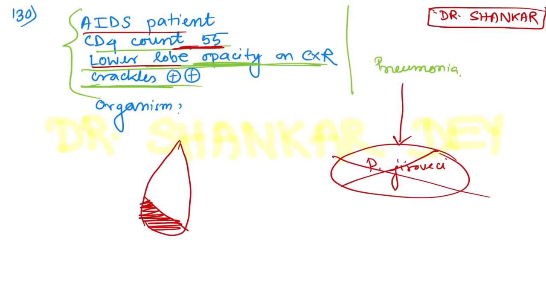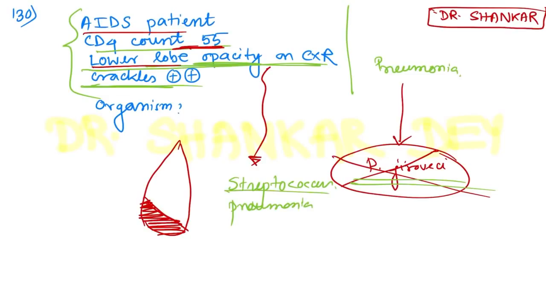This is lobar pneumonia, and lobar pneumonia is caused by streptococcus pneumoniae. Maybe I am wrong, but I think this is the basics for this question. The examiner twisted this question so that you get it wrong easily. So streptococcus pneumoniae is the answer.